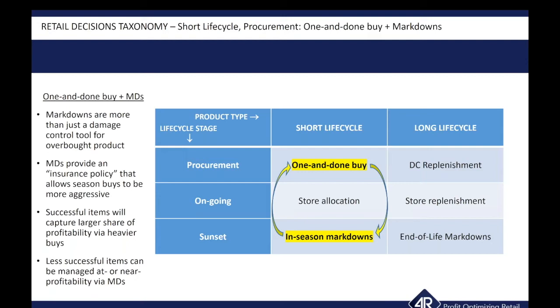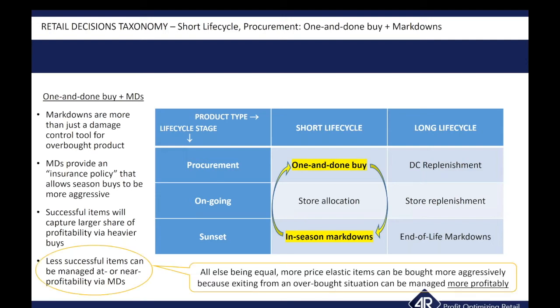And so it's that ability to leverage or modulate demand once we are in season that allows the retailer to be more aggressive across the board and capitalize on those products, those SKUs that actually turned out to be successful, and being able to sell them at or near full retail.